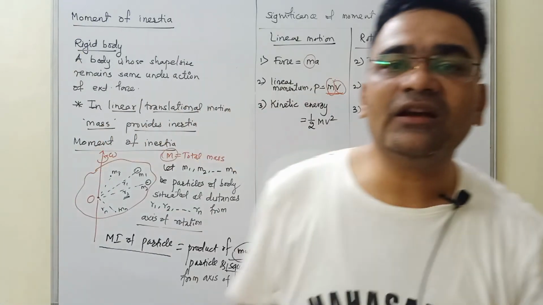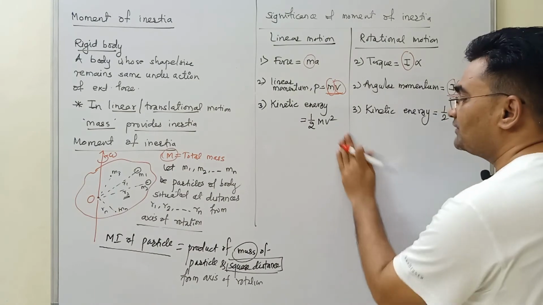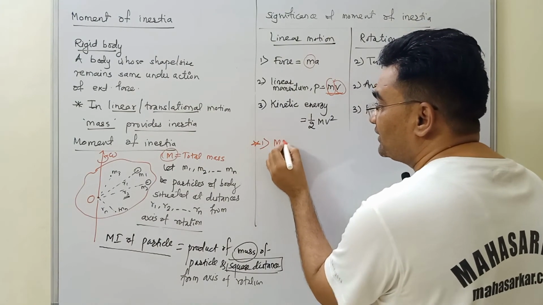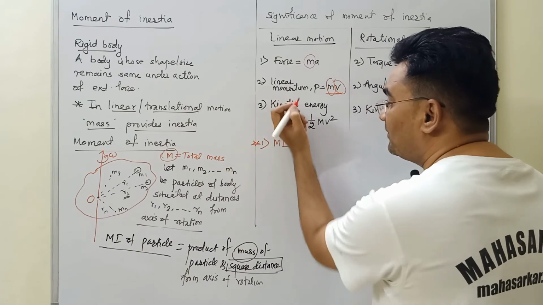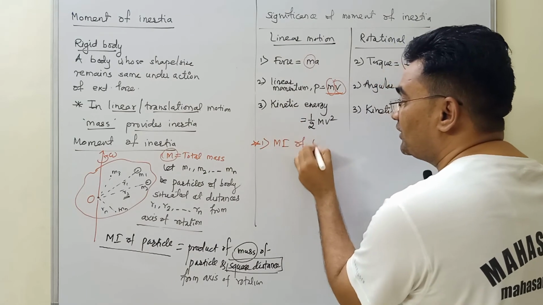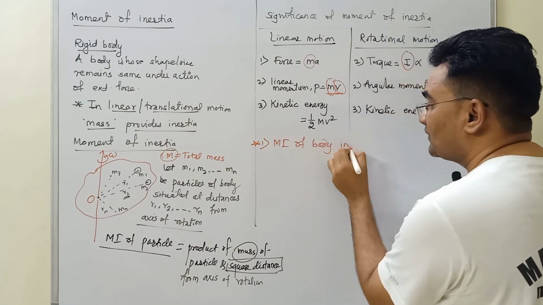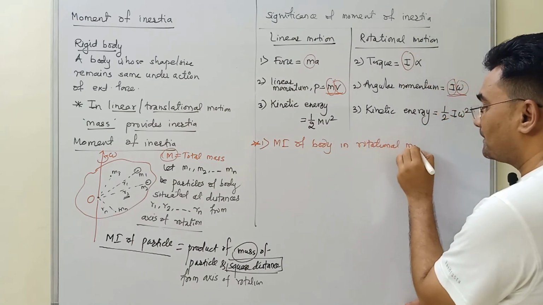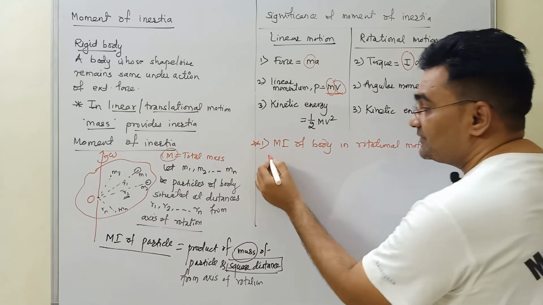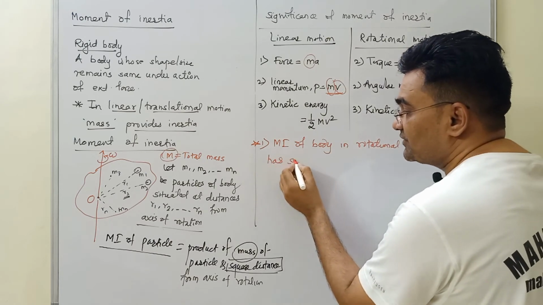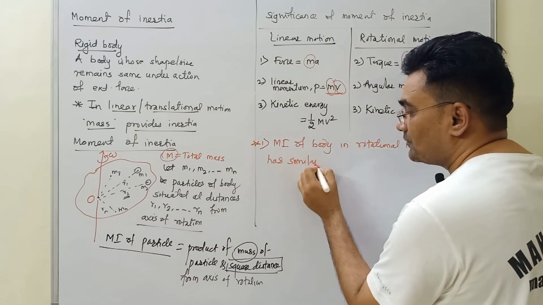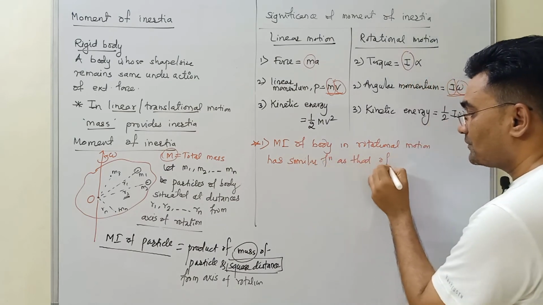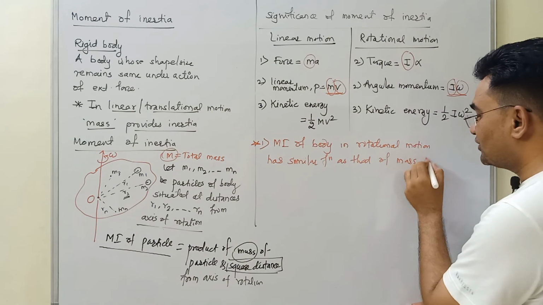So the first thing we can conclude is that moment of inertia of a body in rotational motion has a similar function as that of mass in linear motion.